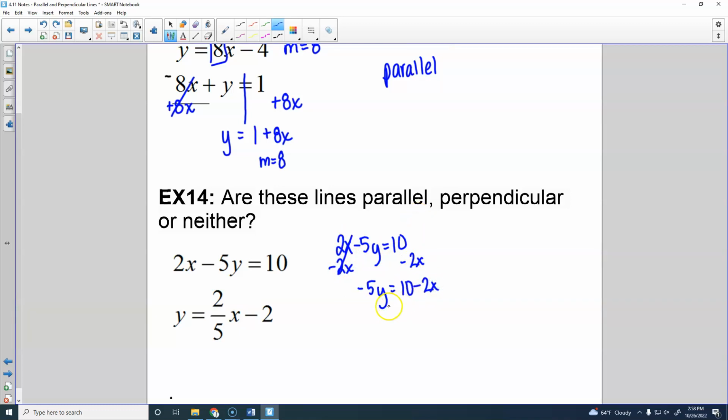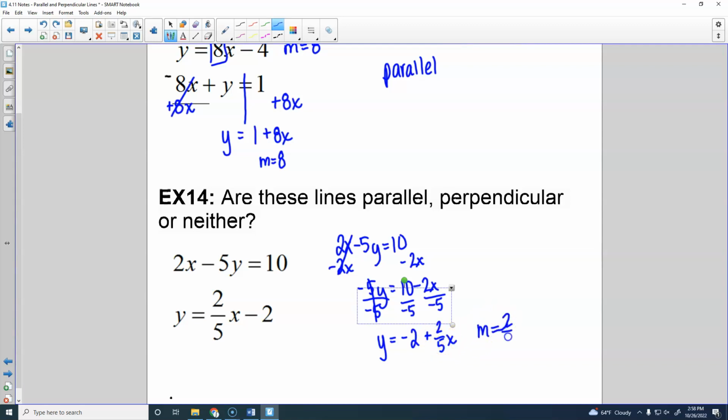Then what would I do? Got to get that y right there by itself. Perfect. Divide by -5. Alright, so y would equal -2 plus 2/5 x. So, Kama, what is the slope of this line?